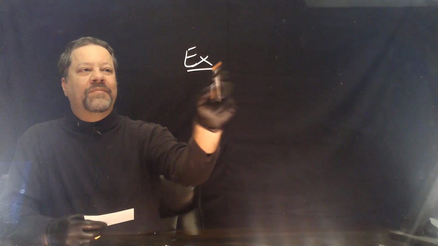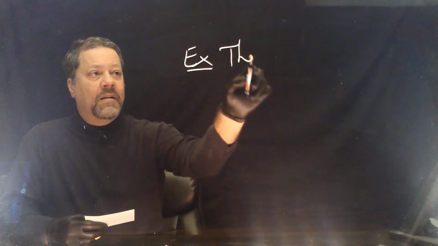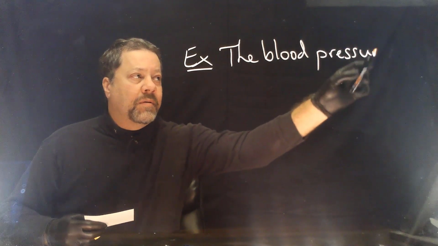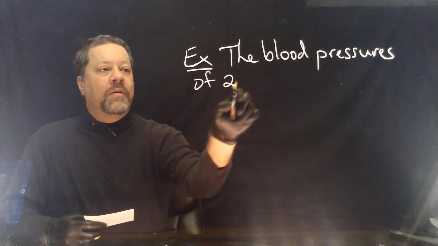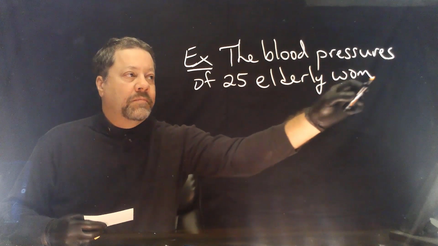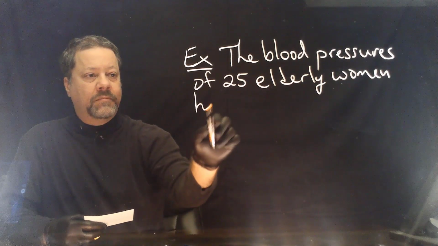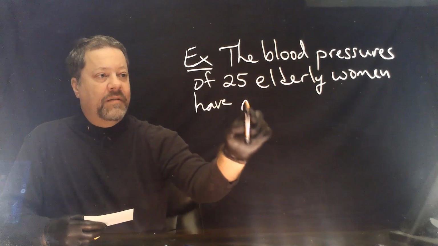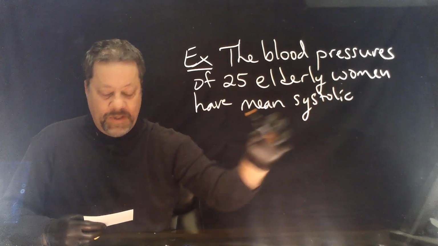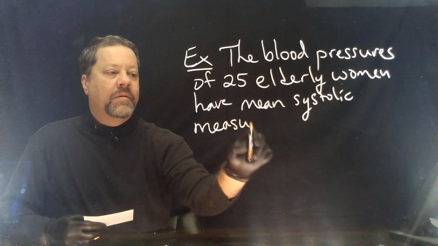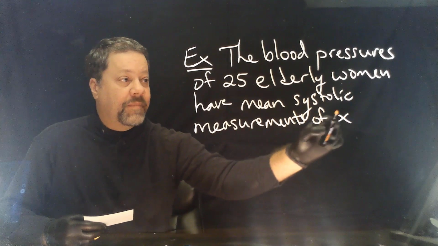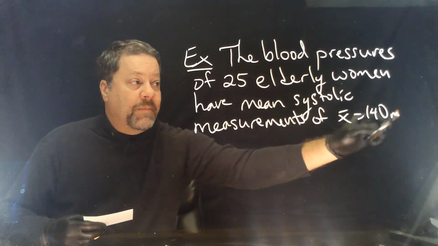For example, the blood pressures of 25 elderly women have mean systolic measurements of 140 millimeters of mercury.